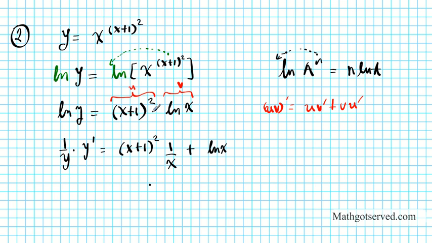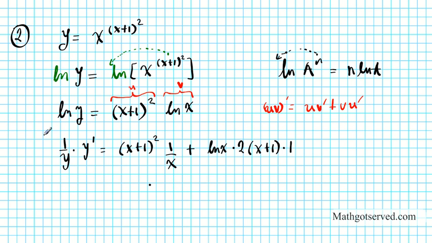Now, if you look at x plus 1 squared, this is a composition of a quadratic function and a linear function, so we're going to use the chain rule here. Using the power rule for the outer function, it's going to be 2 times x plus 1, and when you differentiate the inner linear function x plus 1, it's simply going to be 1.